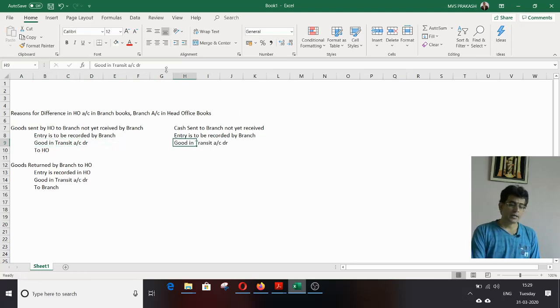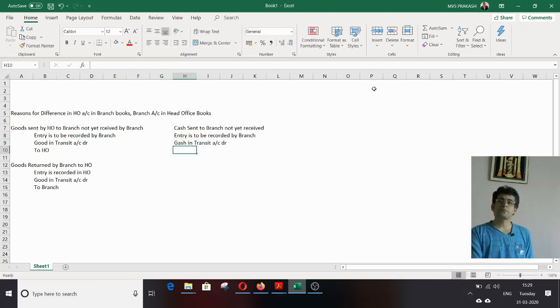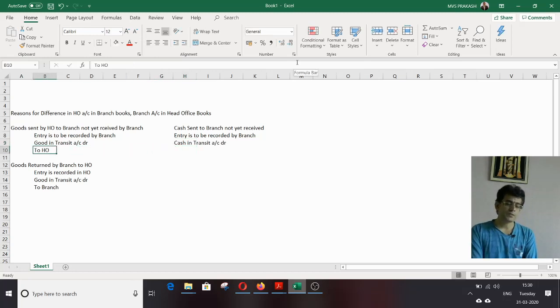So here, cash in transit account should be debited. As my liability is increasing, I need to credit my head office account. This is the entry which I need to pass.